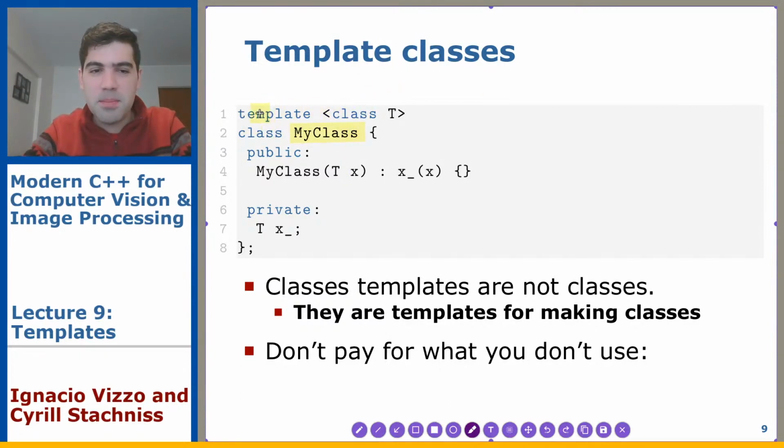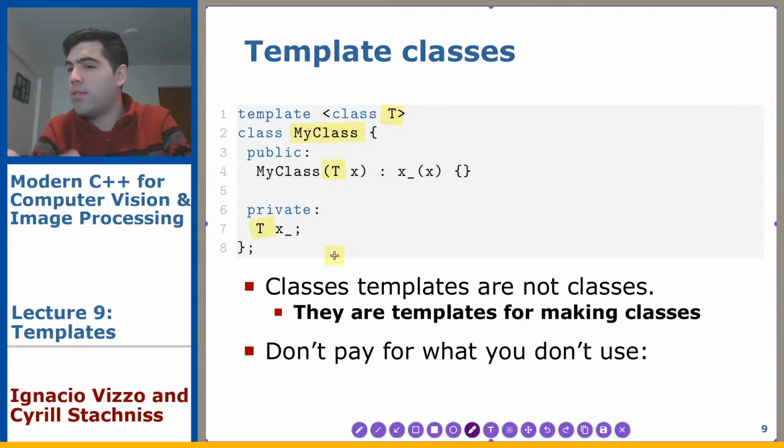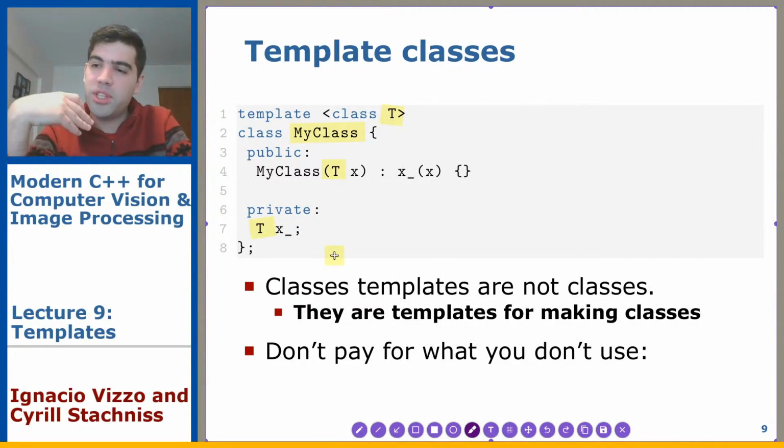It takes as input a template parameter, a type T. Remember, this T is just a letter, it could be bananas. Inside this class, I have a private data member called x. And if you see, all the types are T's, so we can instantiate a class that works with integer, double, whatever, without repeating the code. The compiler will do the job for us.